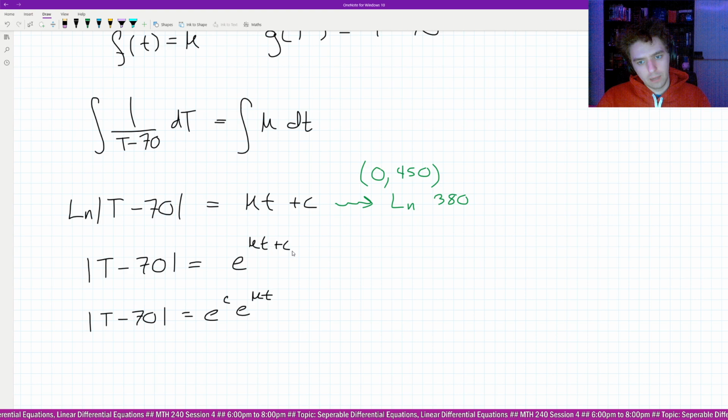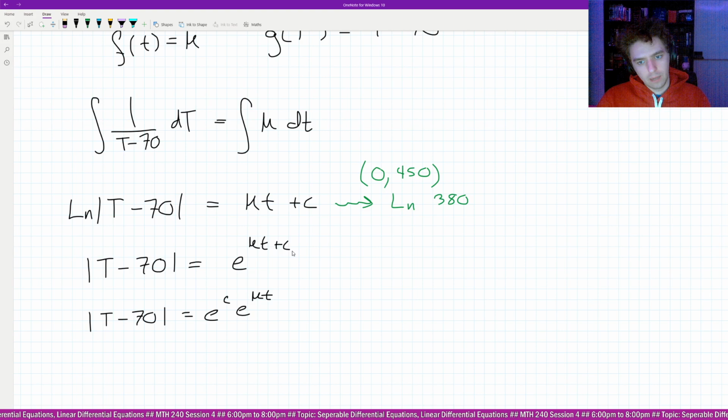It'll be 380 times 18 over 19 to the power of t over 10, plus 70. I can check the answer here. Yeah, that is right. So there is our function T of t, temperature as a function of time.